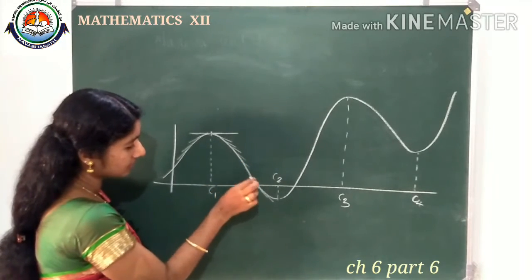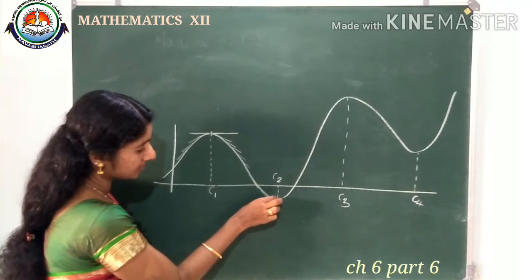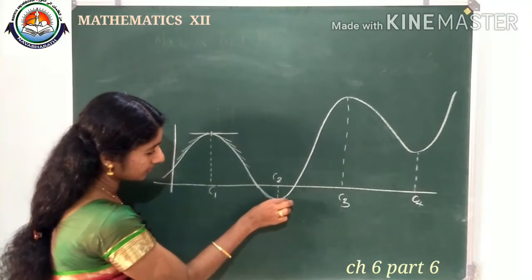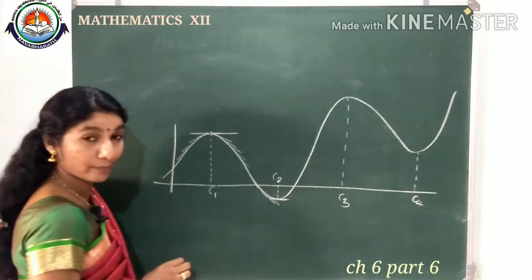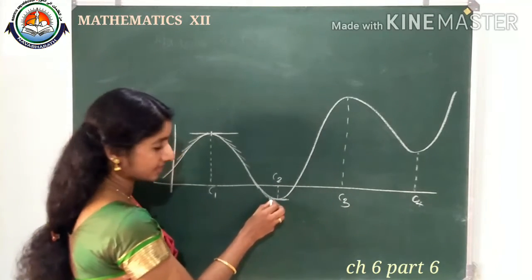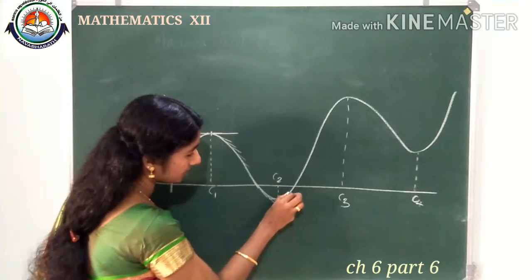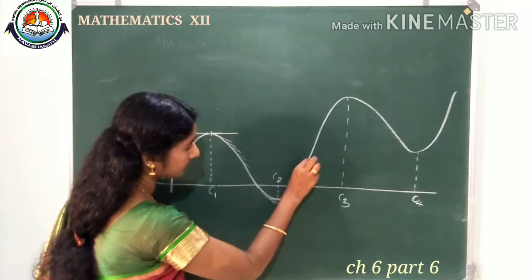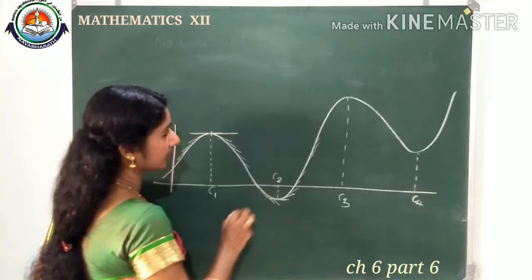And here the tangent is here, here, here, here. Here we are getting again the slope of the tangent equal to 0, that means the tangent is parallel to the x-axis. And here the tangent, tangent, like this we are getting.